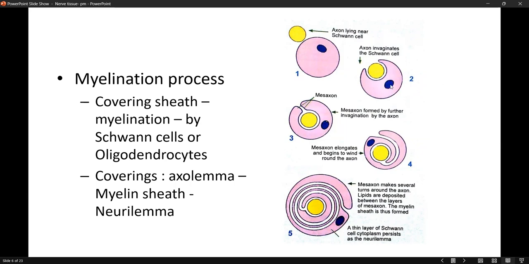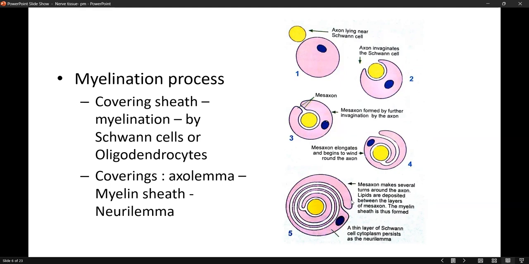This is what we see as a Schwann cell, and you can see the axon which is invaginating into it, and the myelin around it is covering the axon. As you can see, it is coiled up, and several such coils together make up a myelin sheath.